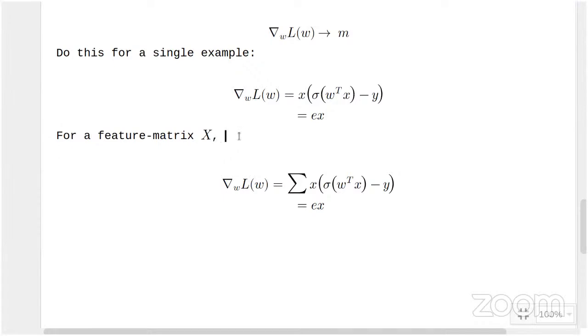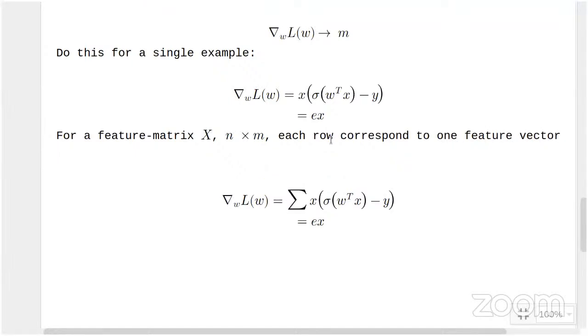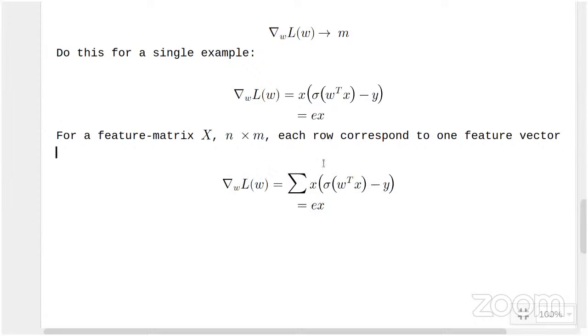So please remember this: X is n by m. Each row corresponds to one feature vector, or alternatively, each row is one data point. The rows are the data points, and that is something you'll have to always keep in mind.